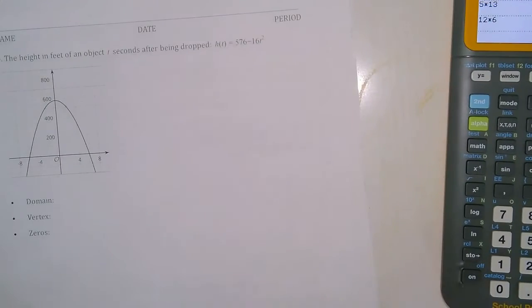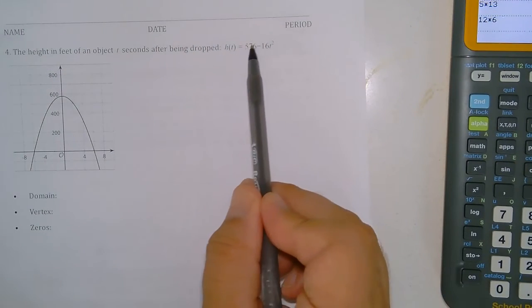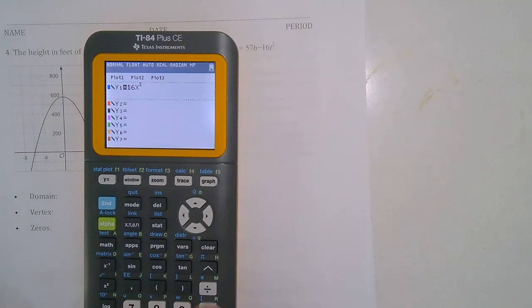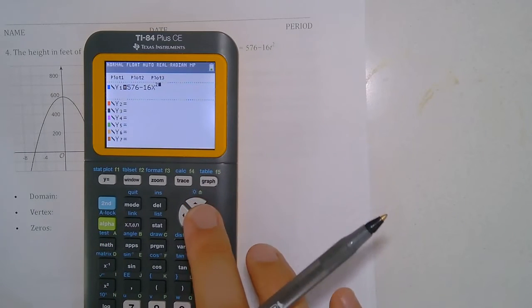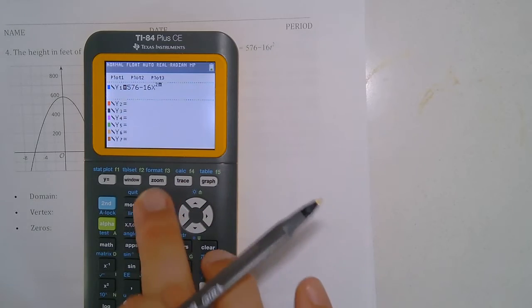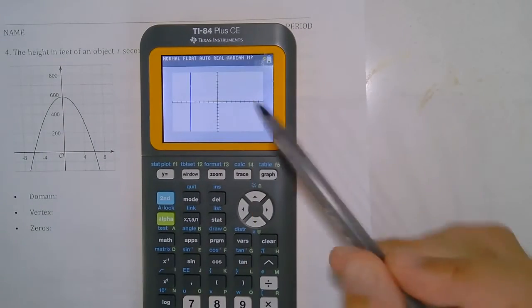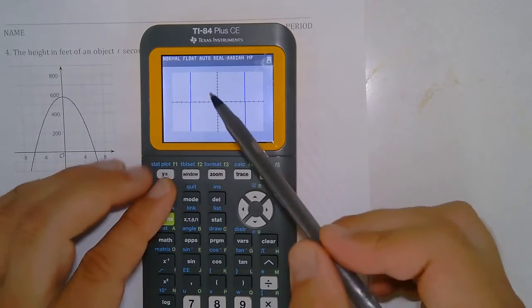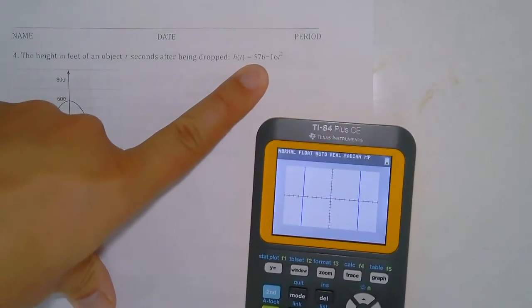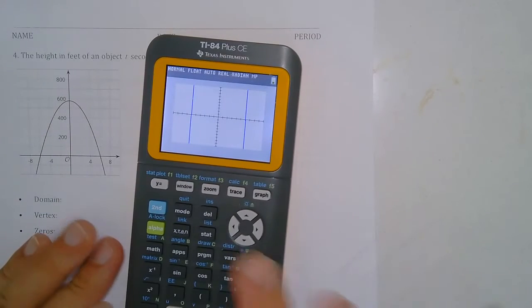And then lastly here, we have the function 576 minus 16t squared. So I just put 576 minus 16x squared, delete out that extra 1. Going to graph that. And if you notice, this is way off because the maximum here is at 576.